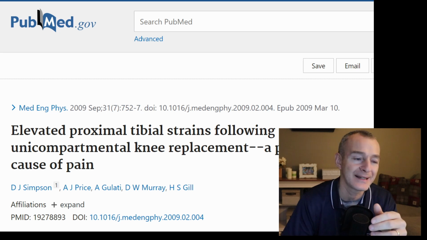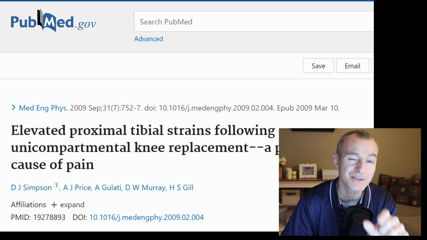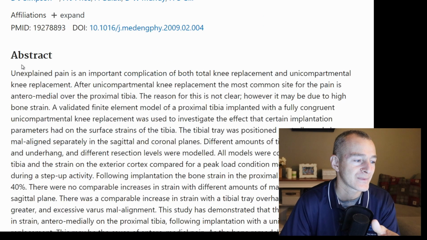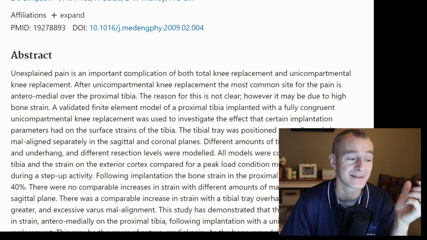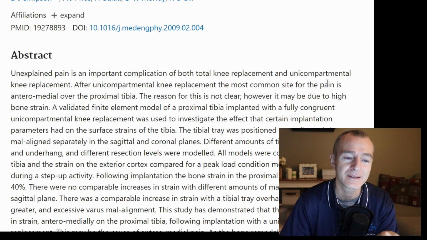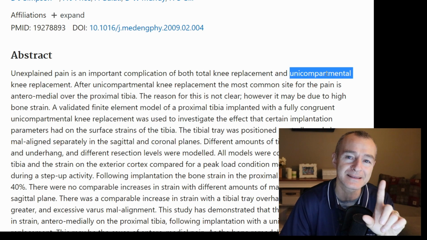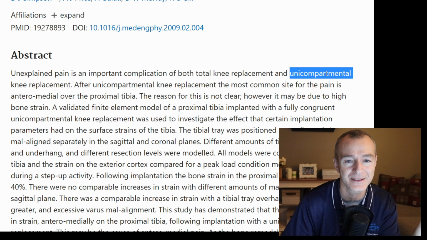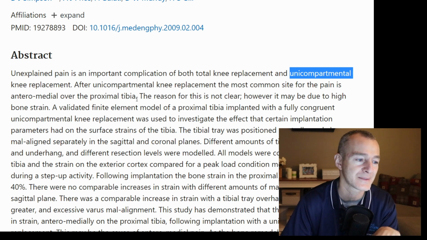So the study behind me looks at partial knee replacements, and essentially what they're saying here is that unexplained pain is an important complication of both total knee replacements and unicompartmental knee replacements. Unicompartmental is a partial knee replacement. They're usually replacing either the medial aspect or the lateral aspect.